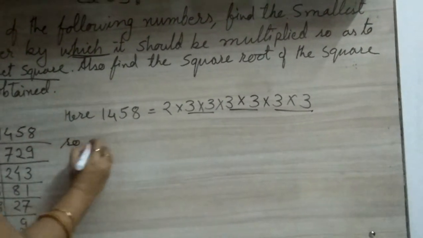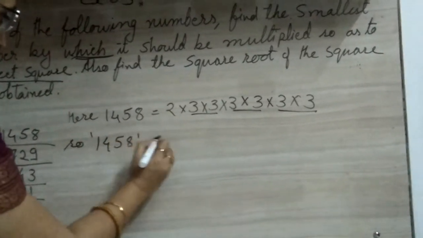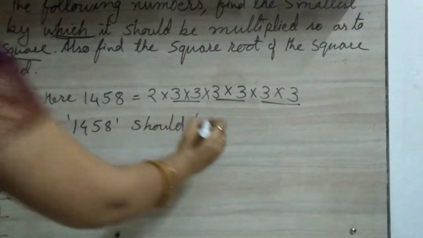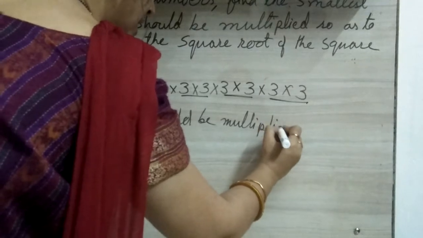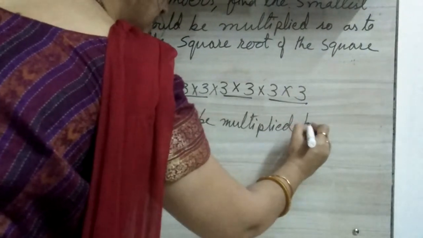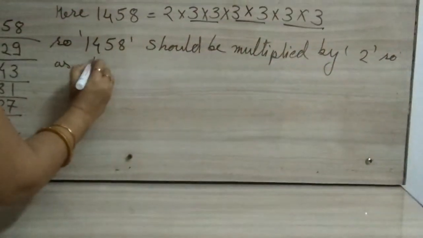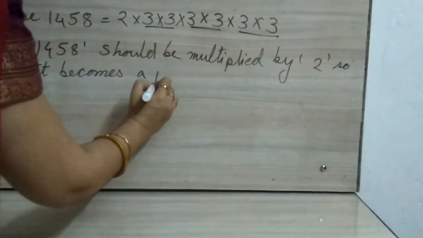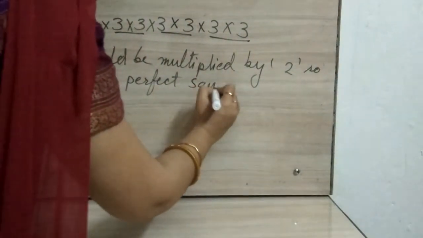So 1458 should be multiplied by 2 so as it becomes a perfect square.